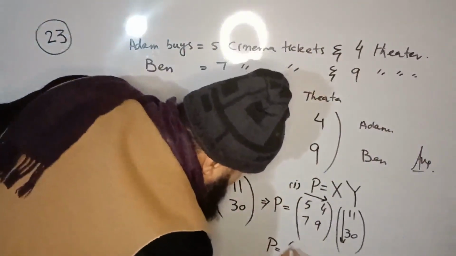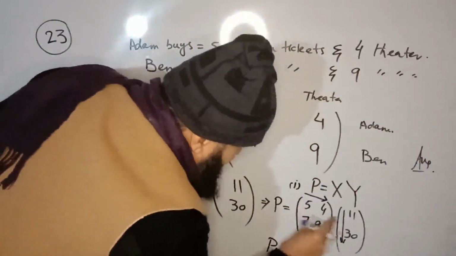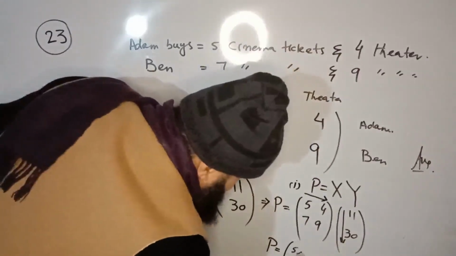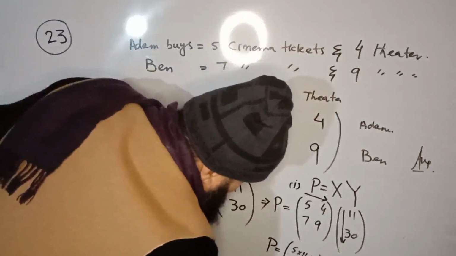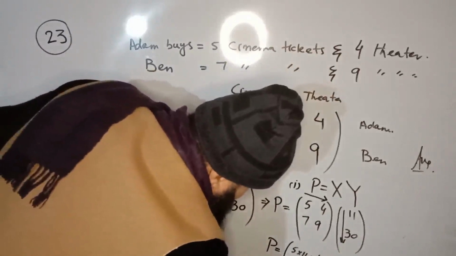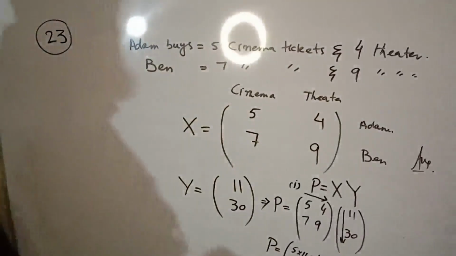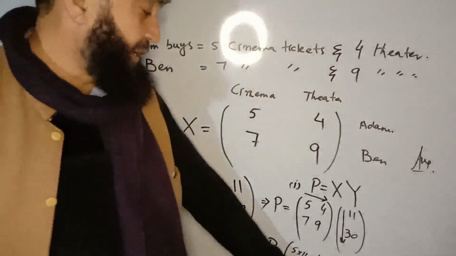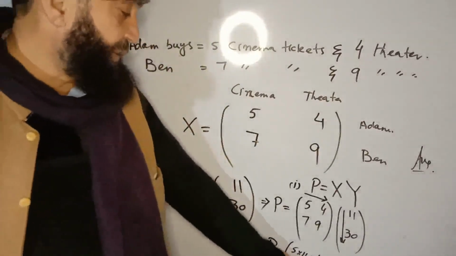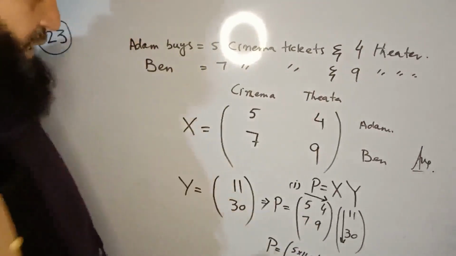P will be equal to 5 into 11 plus 4 into 30. That's it. Actually, this will give you how many dollars were spent by Adam.